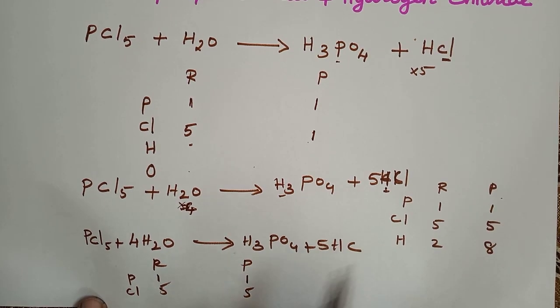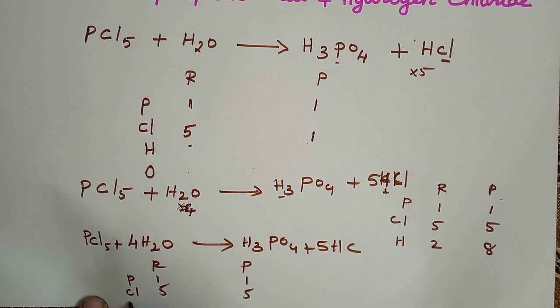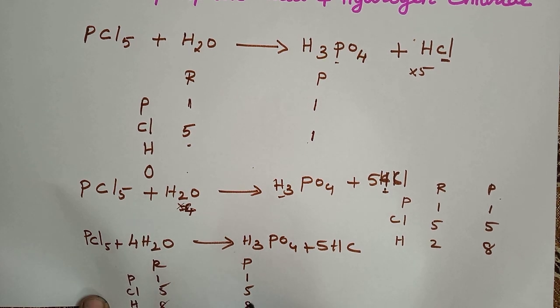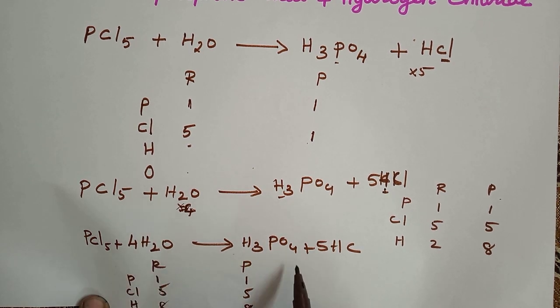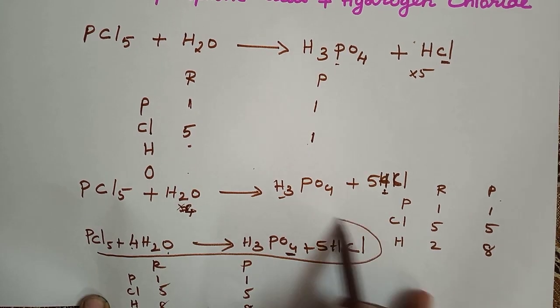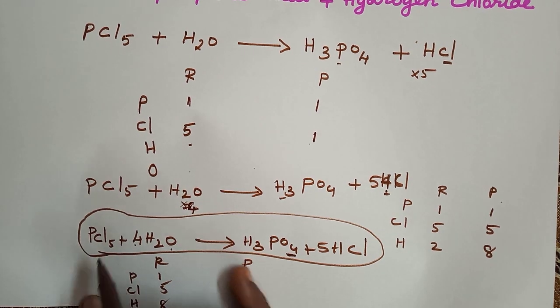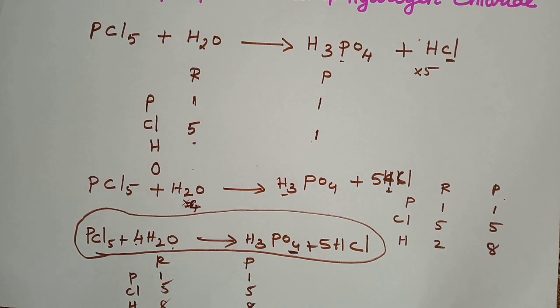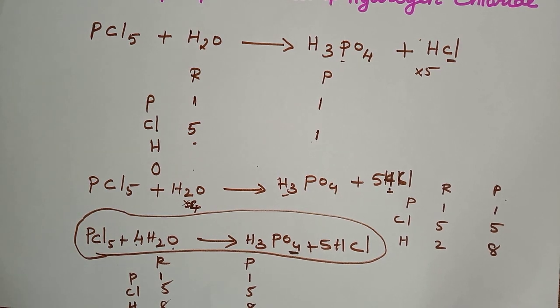How many H do we have here? 4 twos are 8. Here also 8. Now you see oxygen. Here also 4. Here also 4. Now this equation is balanced. Okay. So one by one, step by step, we have to do the balancing of chemical equations.